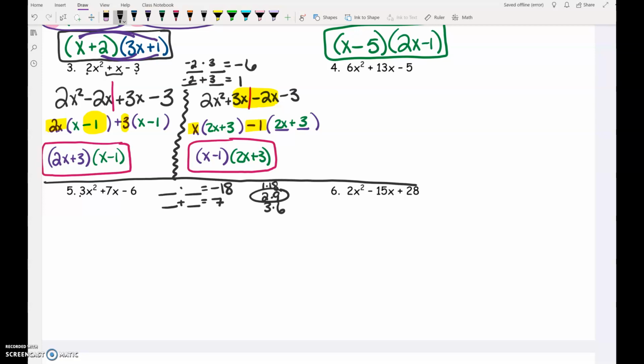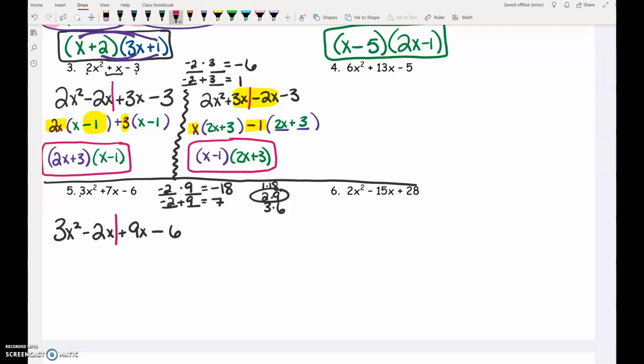Okay, so we figured out that it is -2 and 9. So 3x squared minus 2x plus 9x minus 6. If you happened to write plus 9x minus 2x, that would be fine. Your work would just look a little bit different and your answer would be kind of switched, but still correct.